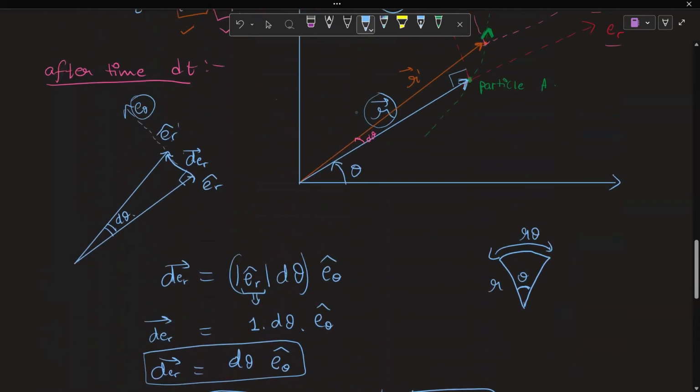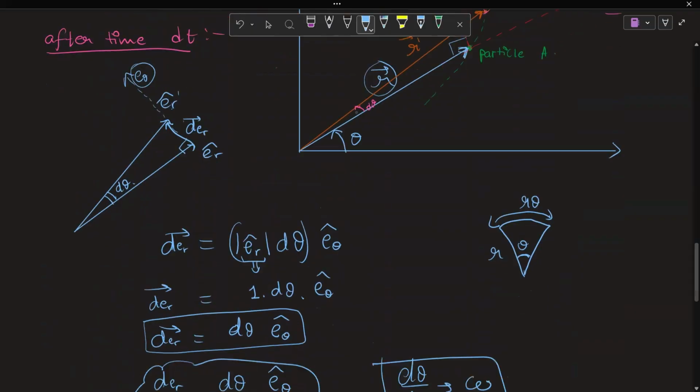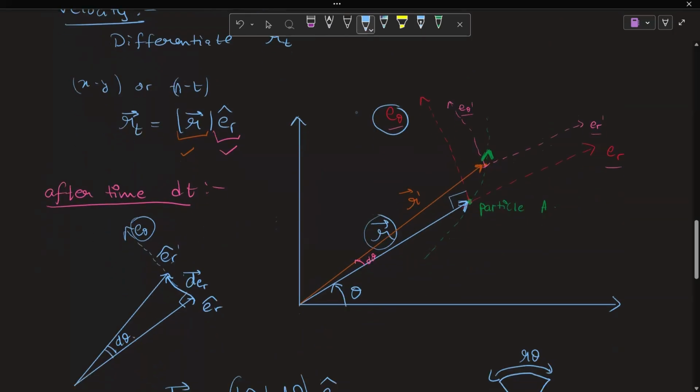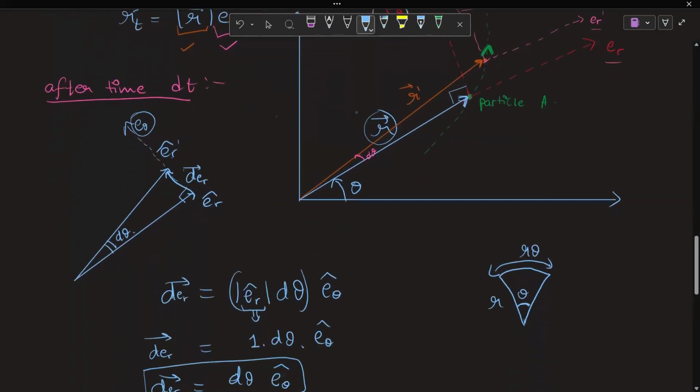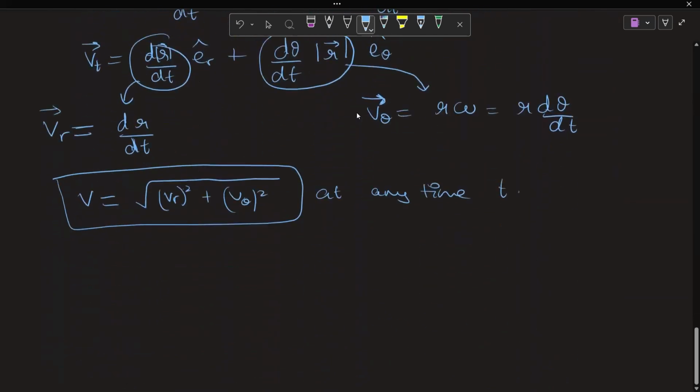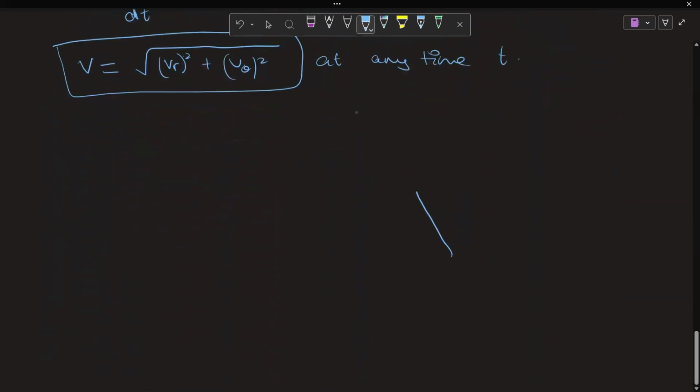Since we calculated that E_r is changing to E_r dash, similarly E theta is also changing, and this is changing in an opposite sense. For example, let's take this example as well. Originally, E theta was here, let's suppose.